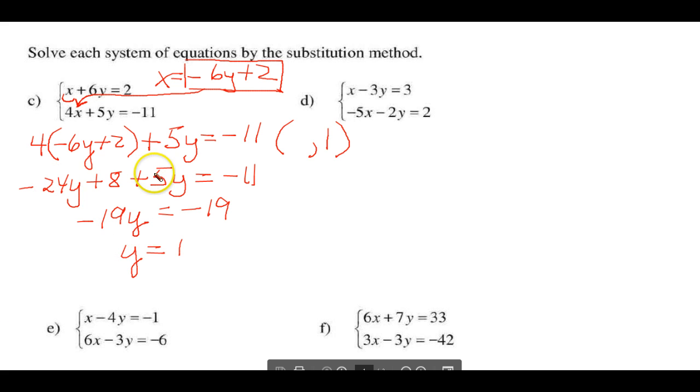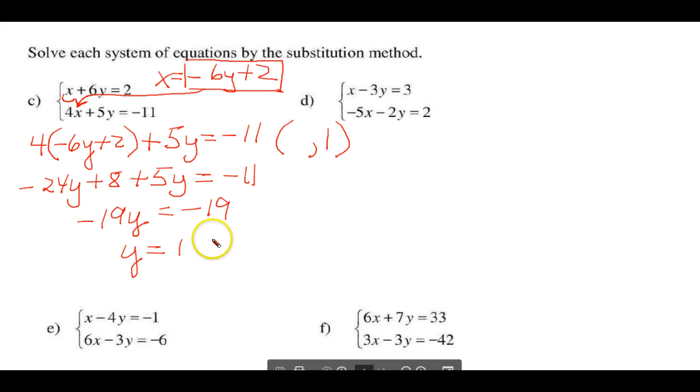Combine like terms, we get a negative 19y. Transpose our positive 8, on this side becomes a negative 8, which gives us a negative 19. Divide both sides by a negative 19, that gives us a positive 1. So our y is a positive 1.